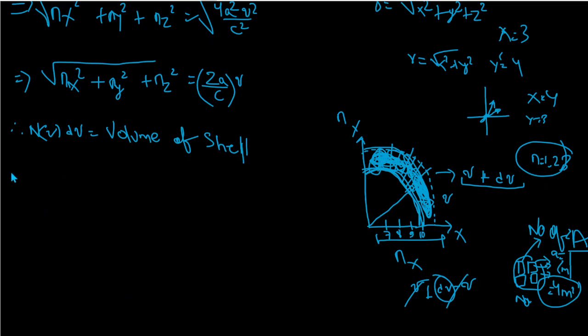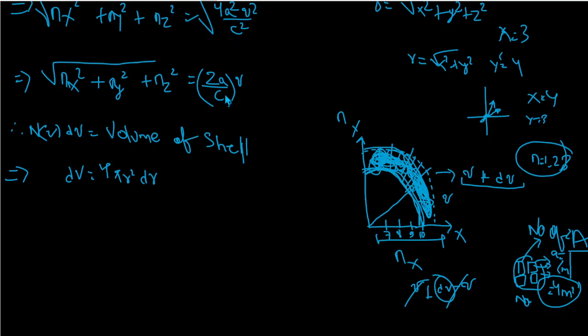Okay, so now how can we find the volume of the shell? If you remember, the small volume of the shell, let's say dV, is equal to 4 pi r square dr. What's the radius?